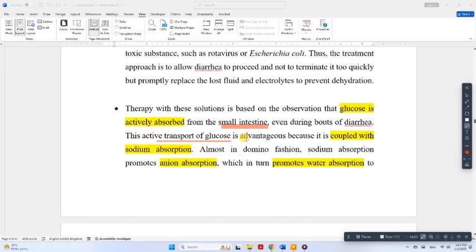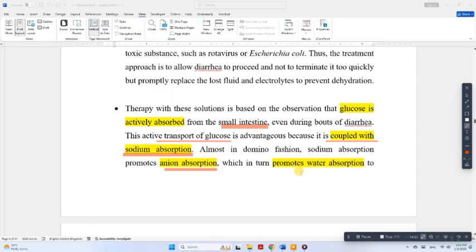Now, glucose is important for giving you energy, right? In this process, where glucose is absorbed actively, sodium will be required. The nature of this active absorption is that sodium must go with glucose. If sodium goes with glucose, sodium is a cation, then you cannot have only a cation going from one side to another. You will need an anion absorption.